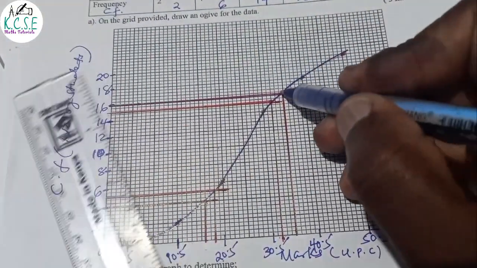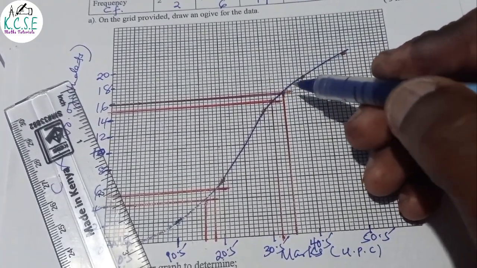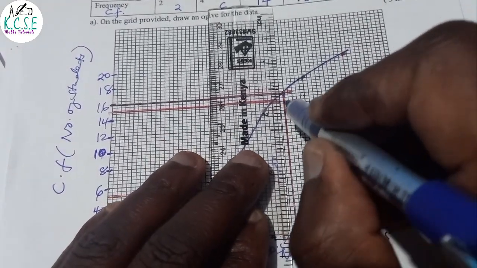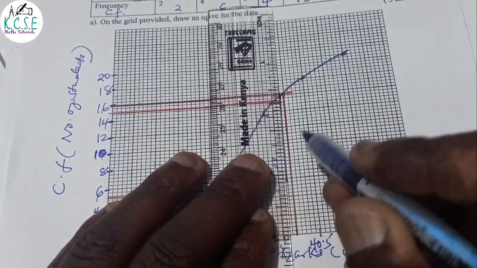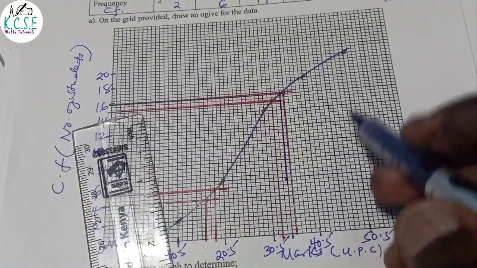So it will be here. I think this will be the point of contact. The point of contact will be here, at that curve. Yes, this will be the point.